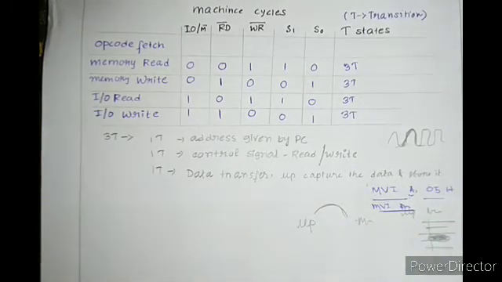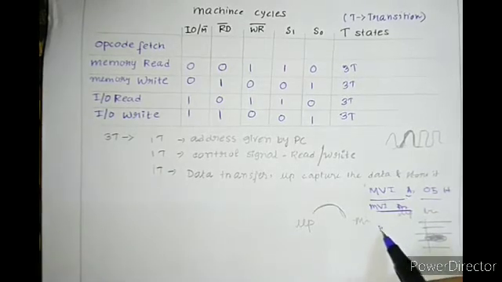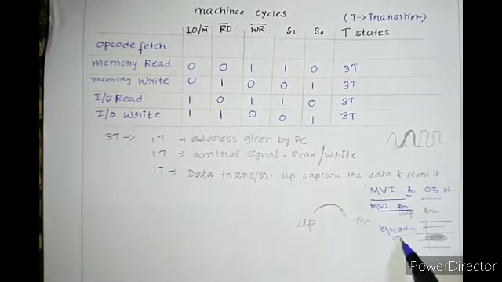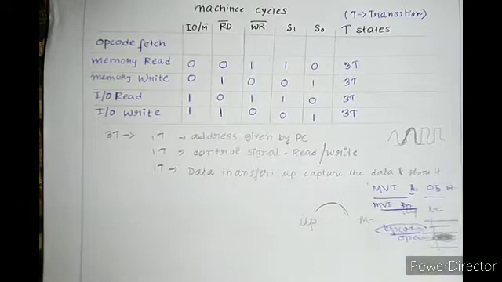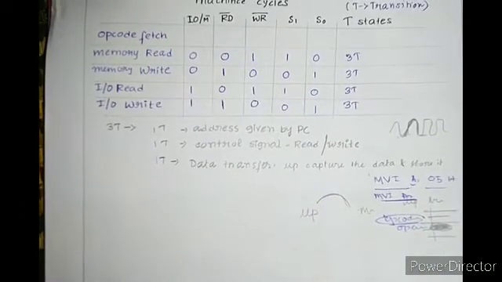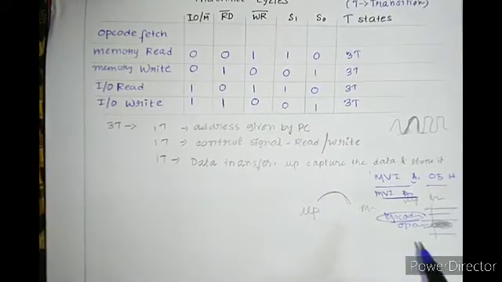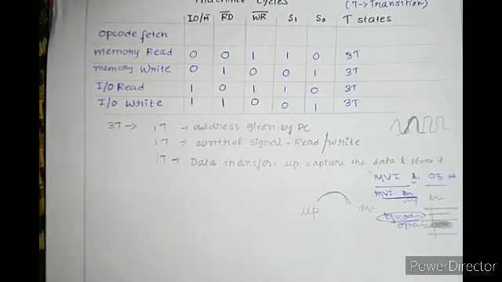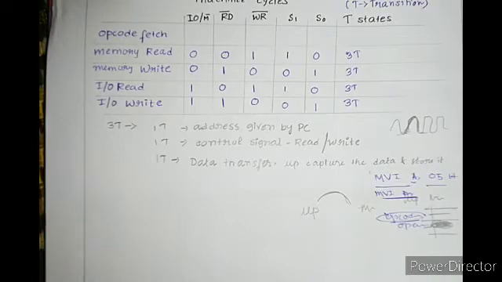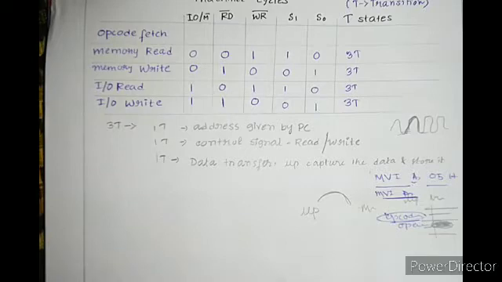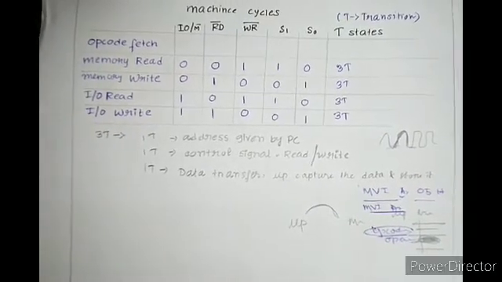Now this instruction is divided into 2 parts, opcode and operand. The fetching of this unique code, this opcode, is known as opcode fetch. Whatever programs you have written, they are stored in memory, and then the MUP performs all the tasks.